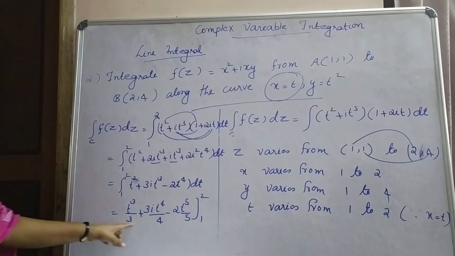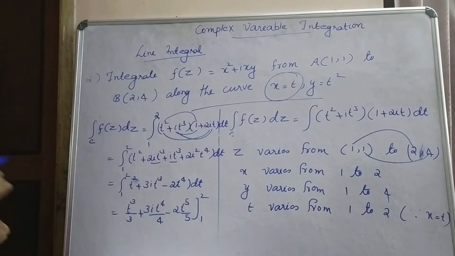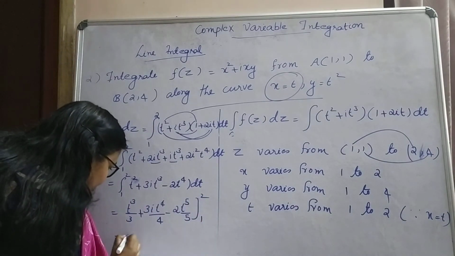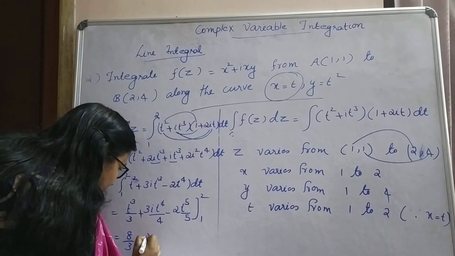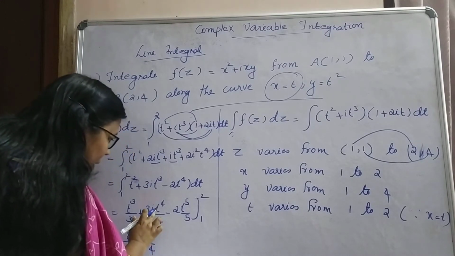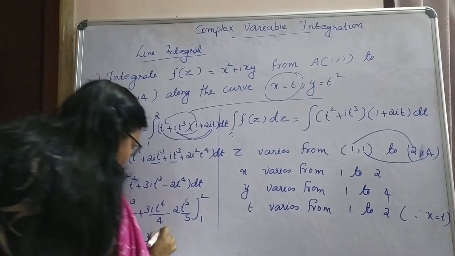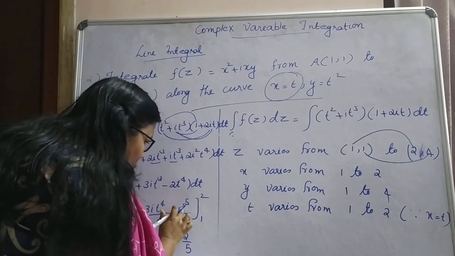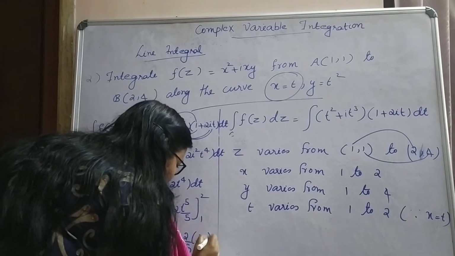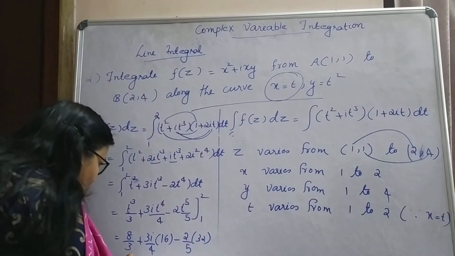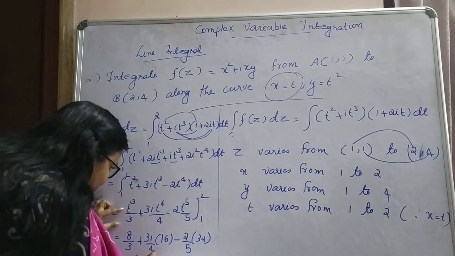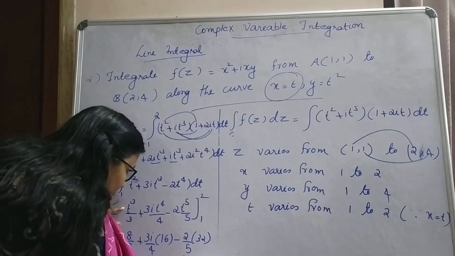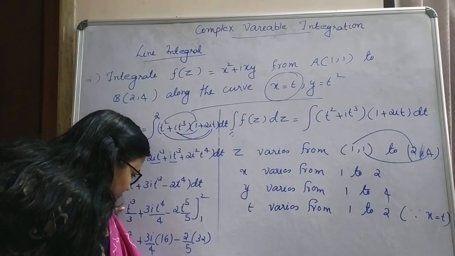Now we have to apply the upper limit and lower limit very carefully. By applying the upper limit 2, we get 2 cube by 3, that is 8 by 3, plus 3i by 4 times 2 raised to 4, which is 16, minus 2 by 5 times 2 raised to 5, which is 32, minus the lower limit 1, which is 1 by 3 plus 3i by 4 minus 2 by 5.